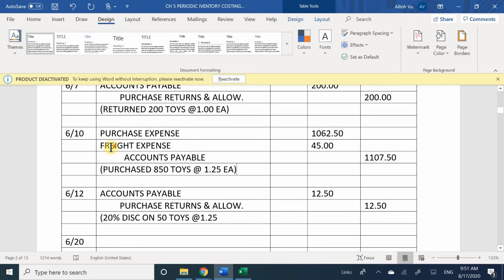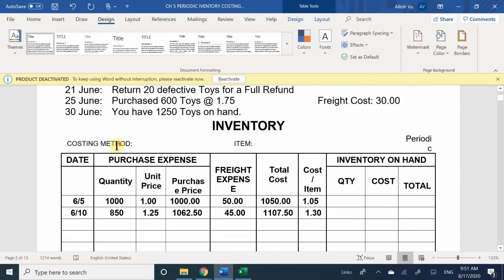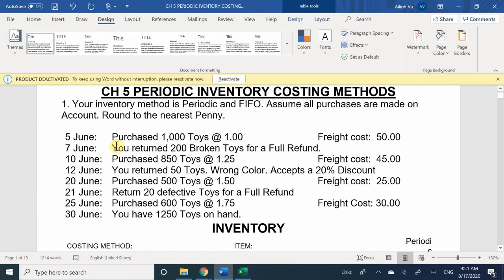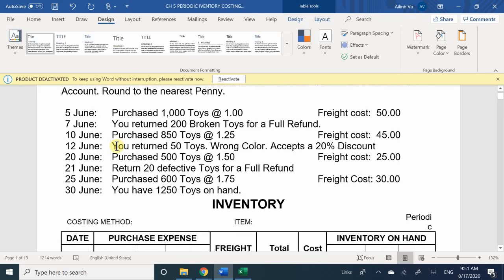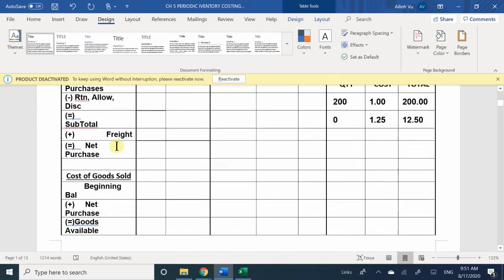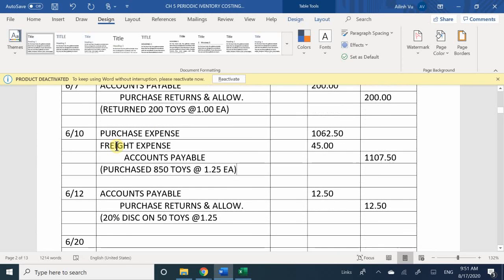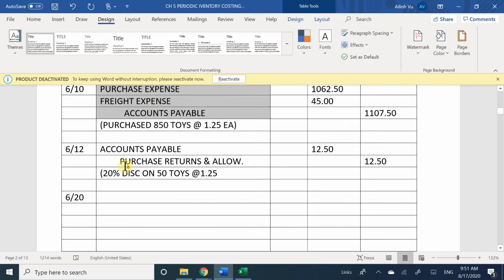If I made a purchase, and I know there's freight included, and I know it's going to be on account, what is my first assumption when I journalize this? You're going to debit your purchase expense, always, and then you're always going to debit your freight expense. Correct. And since it's on account, it's accounts payable. Correct.